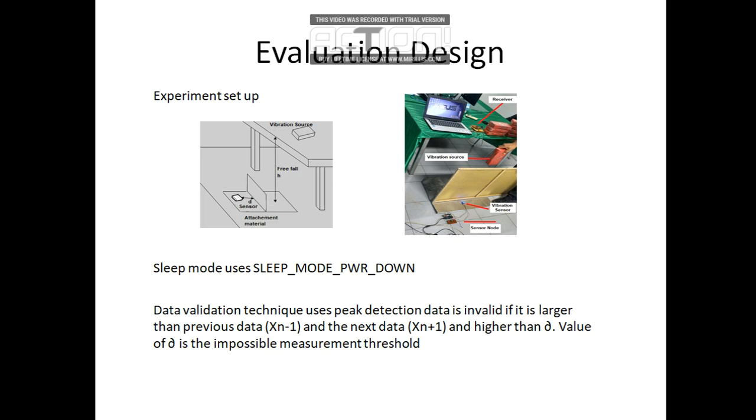We implement the sensor node by using either sleep mode or normal mode. And also we apply a data validation technique by using peak detection, as it is a simple validation technique in sensor node.